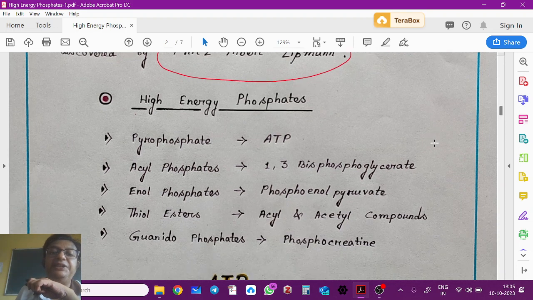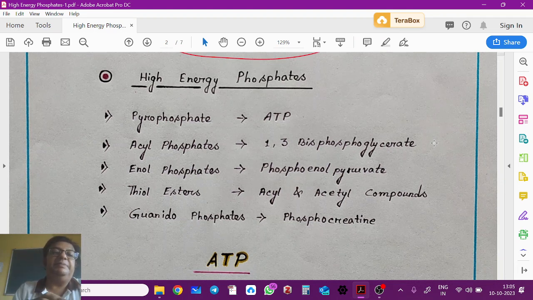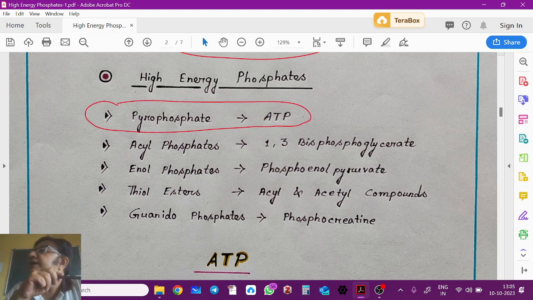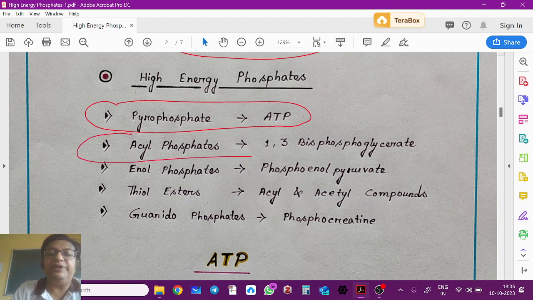High energy phosphates basically are pyrophosphates: ATP, ADP, also GTP, CTP, TTP, dATP, dTTP, dCTP. You have acyl phosphates, like 1,3-bisphosphoglycerate.